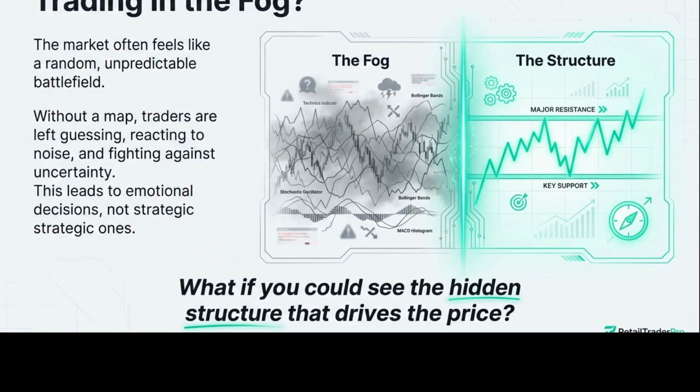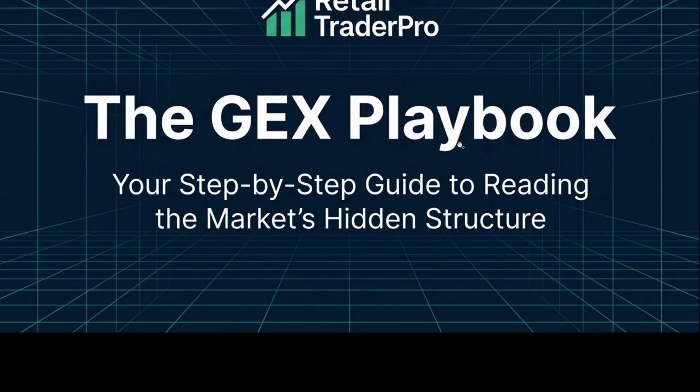Without a map, traders are left guessing, reacting to noise and fighting against uncertainty. This leads to emotional decisions, not strategic ones. Now I'm going to speak about the Gex Playbook and how to use the spot gamma levels in your platform like a strategy.